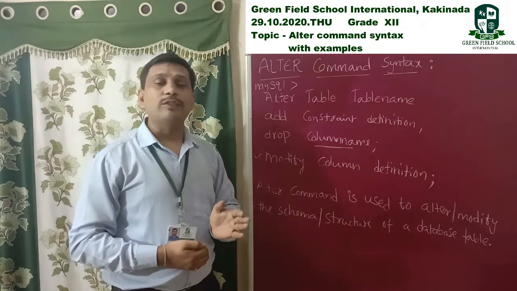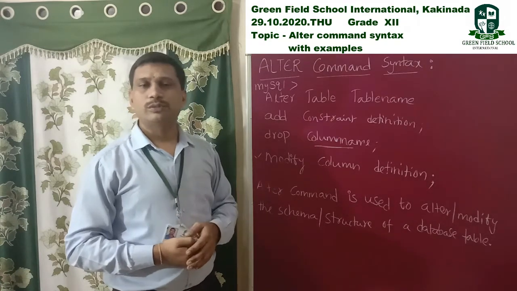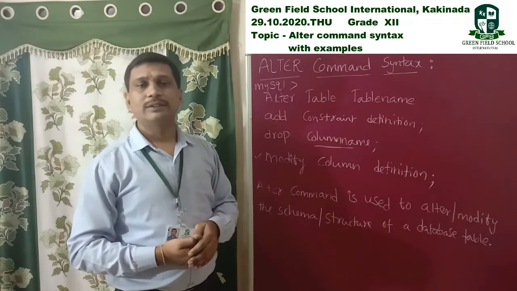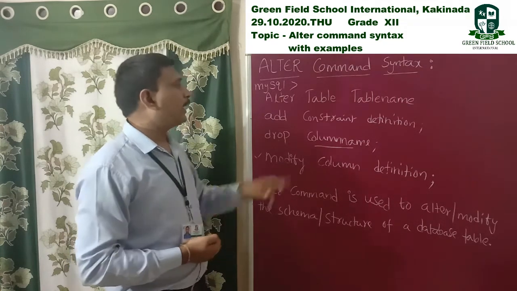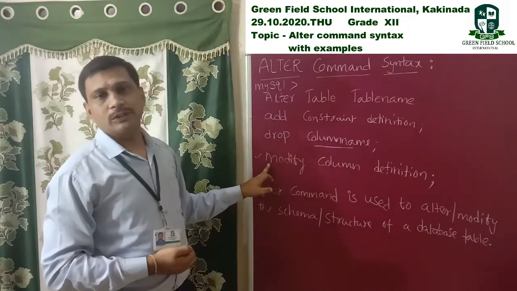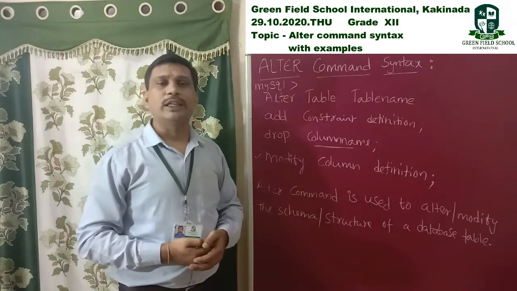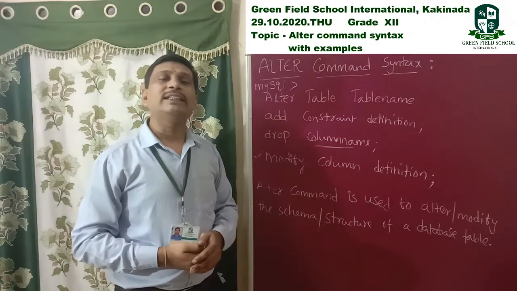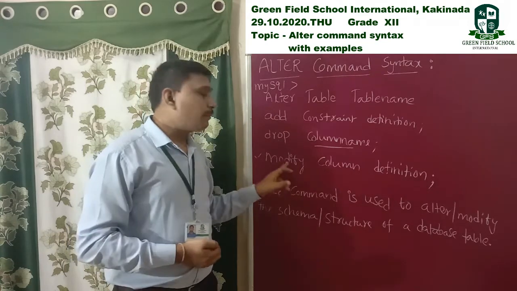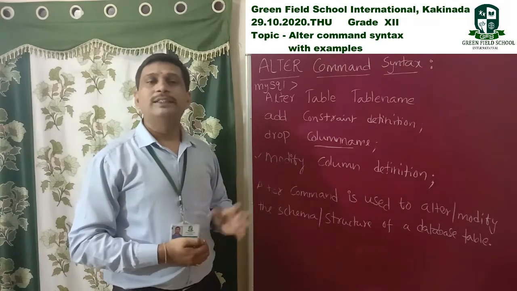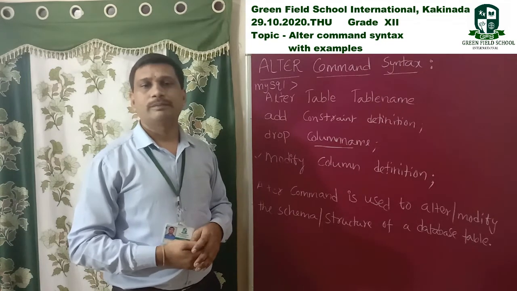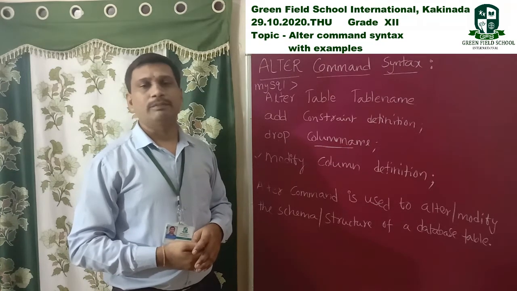To modify varchar2 of 10 to varchar2 of 12, we go for this alter command with the modify option. So the modify option is used not only for changing the data type, but also for changing the size of the column of a particular data type.